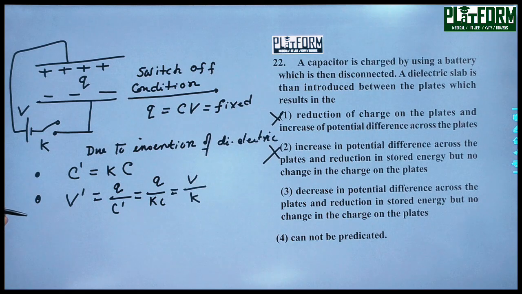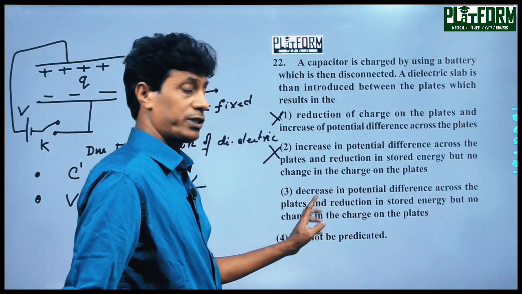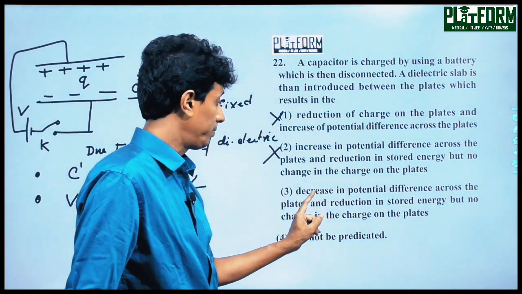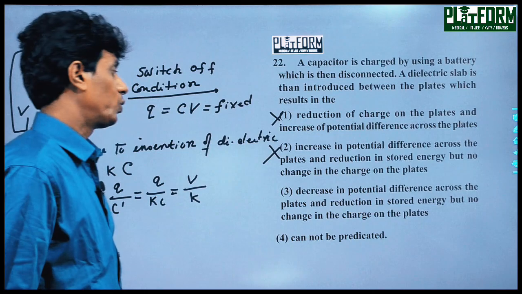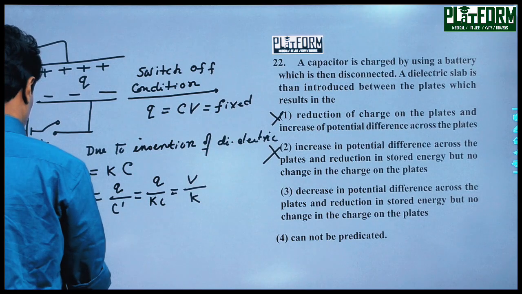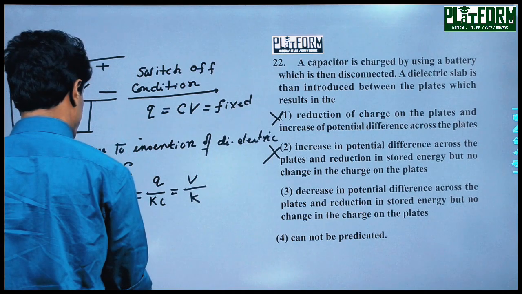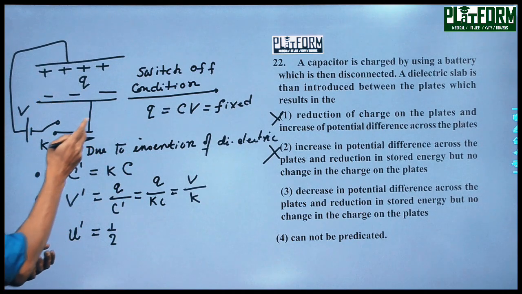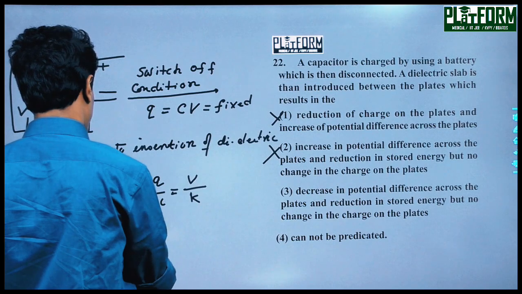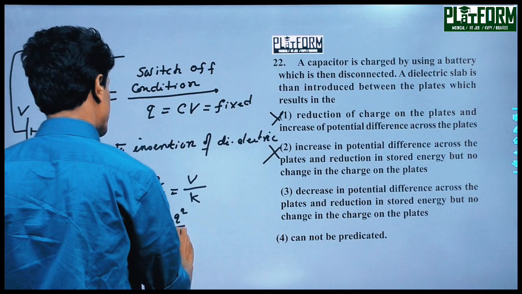Option 3: decrease in potential difference across the plates, reduction in stored energy, but no change in the charge on the plates. Decrease in potential difference is the right statement. We have to check the energy. Since this is a constant charge problem, we write energy in terms of charge: energy is Q square by 2C prime, which is half Q square by KC.